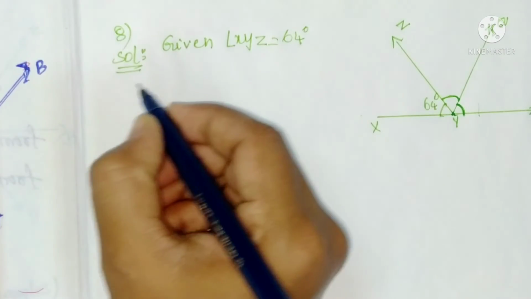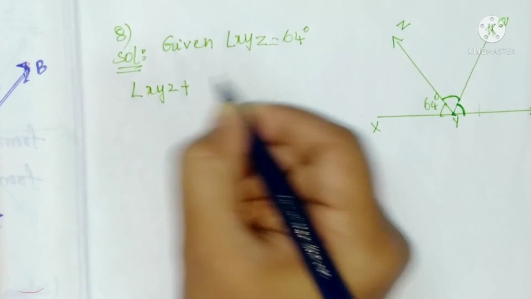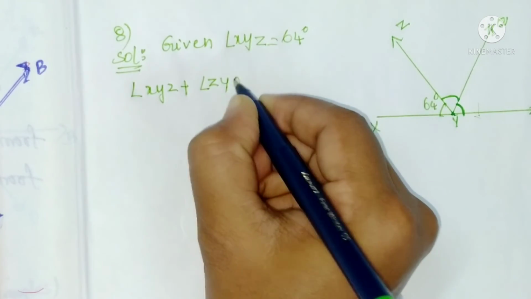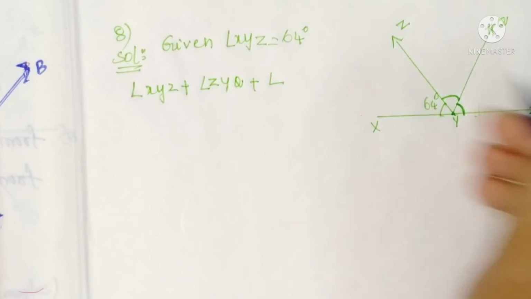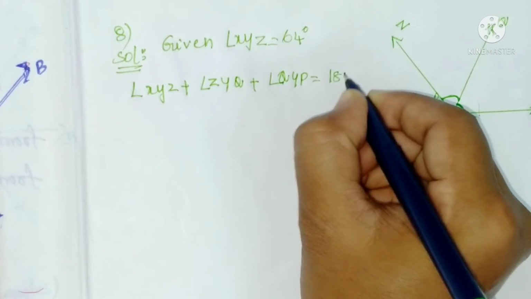So I'll write the three angles: angle XYZ plus angle ZYQ plus angle QYP is equal to 180.